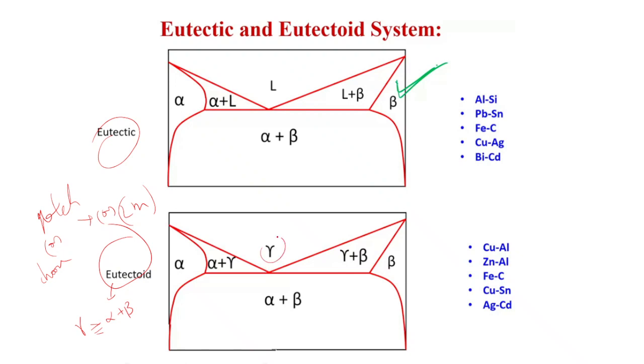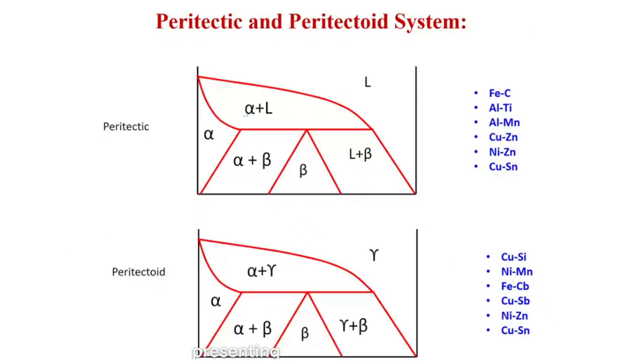That is one solid phase turning into two solid phases. Eutectic means liquid turning into two solid phases. We have to remember this. This could possibly be asked as a match the following or some other question.